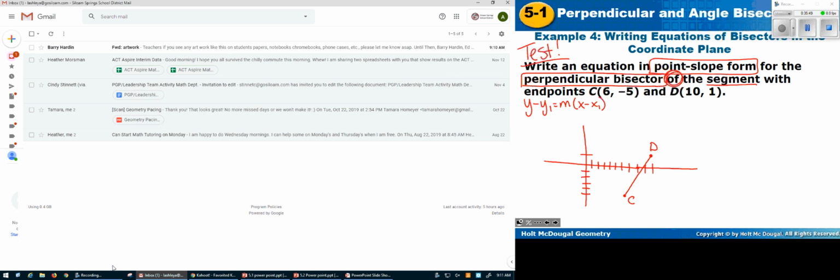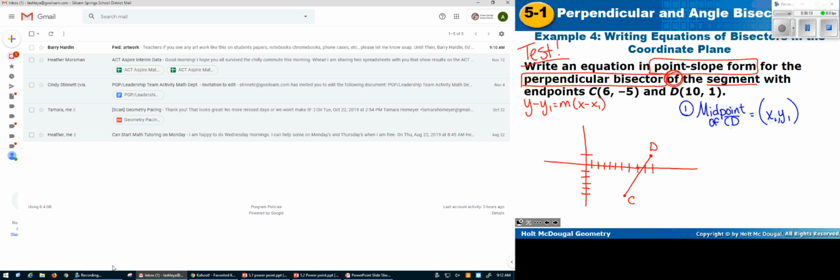Does that make sense? So the first thing we need to do is calculate the midpoint of CD. And that is going to be our coordinate x1, y1 for our formula here, y minus y1 equals m times x minus x1. Because that is a point that's on this line.